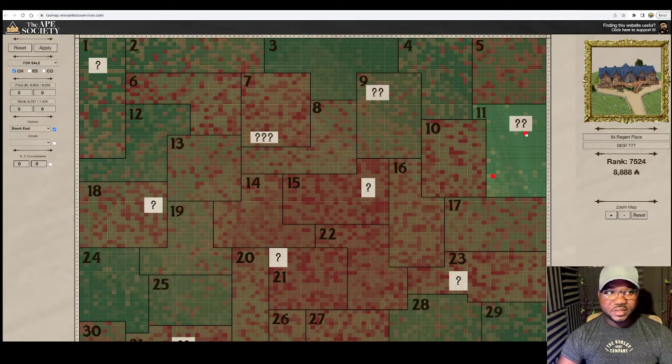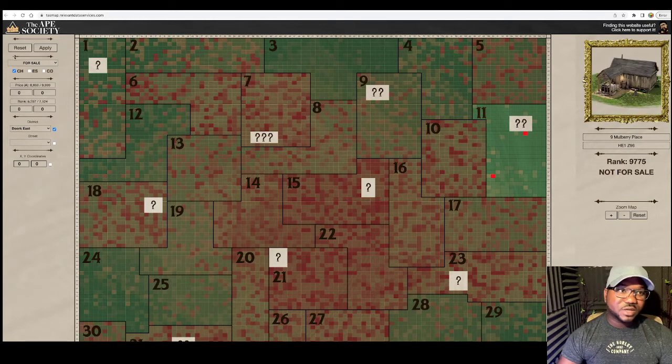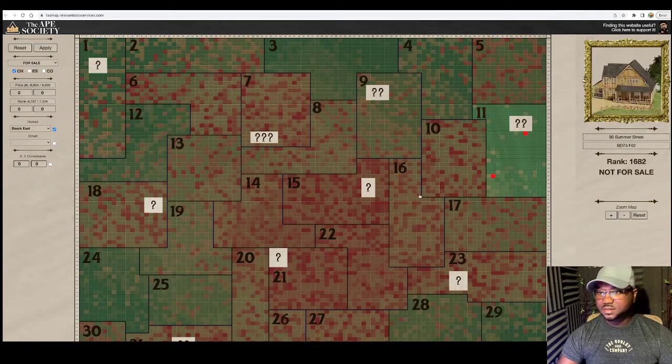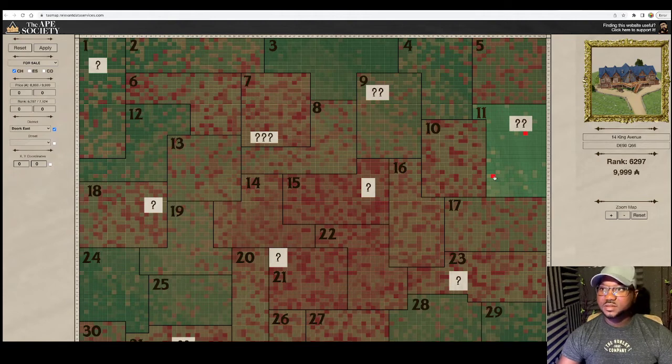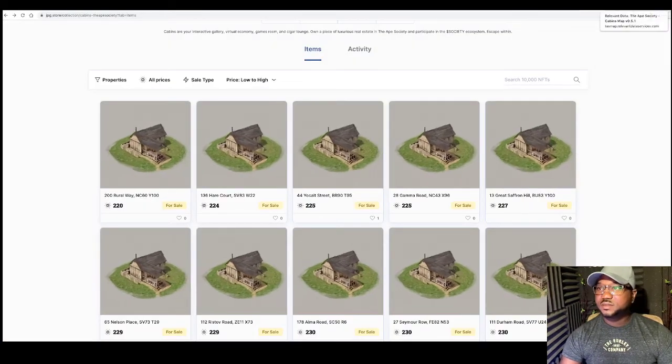And if you want to purchase this one, you can purchase it, because what we had searched for, if you look over to the left hand side, we had filtered out not all cabins but the ones that are for sale. And then you could potentially go to the JPEG store and buy this one that you want, right? So that's just a rundown of the heat map and how it can help you to make some decisions there, right?